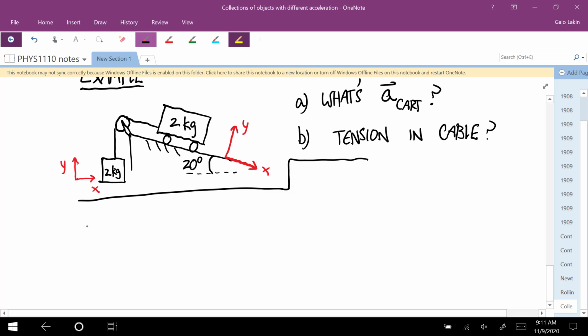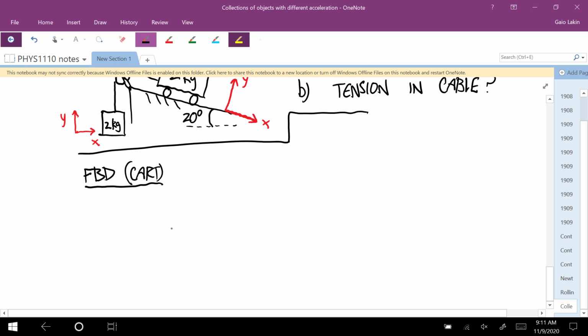All right, I'm going to start with a free body diagram of the cart. So we have a weight force straight down. 2 times 9.81 is 19.62.